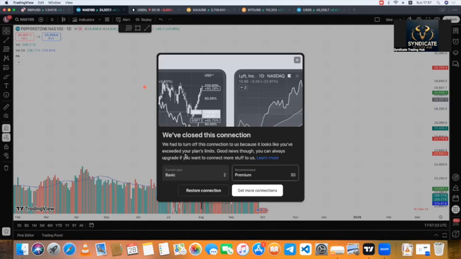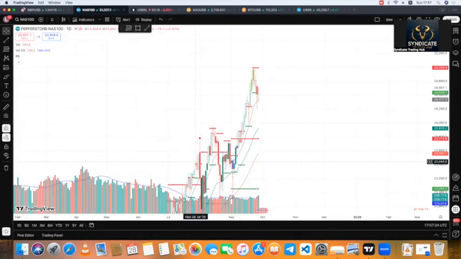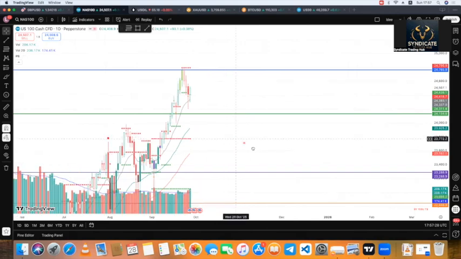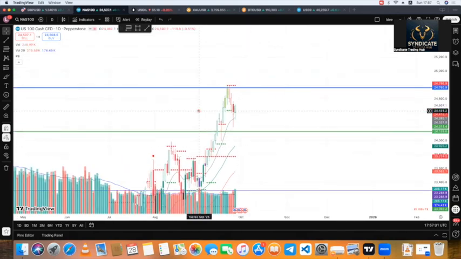So let's go to Nasdaq 100, and on Nasdaq 100, as we were saying, when price got to this last resistance for the month, it got rejected.